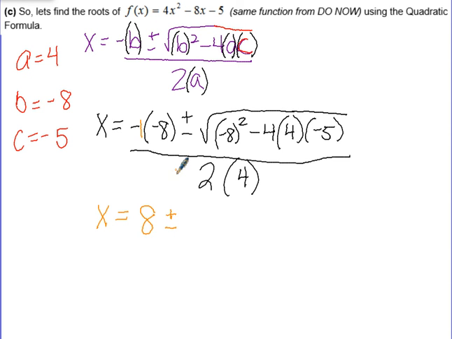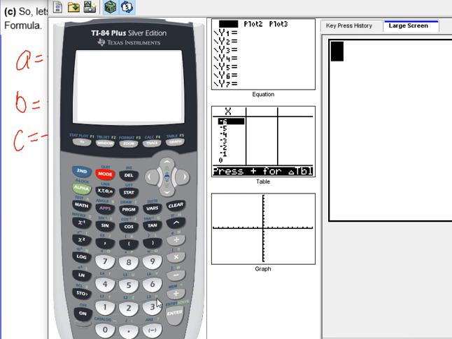What I'm going to do now is I can actually input everything that's under the square root sign into my calculator at once. That way I can get the value that's supposed to be underneath the square root sign. So take a moment now and make sure you have your calculator ready, and let's input this together. Alright, so I'm going to input with parentheses and all.